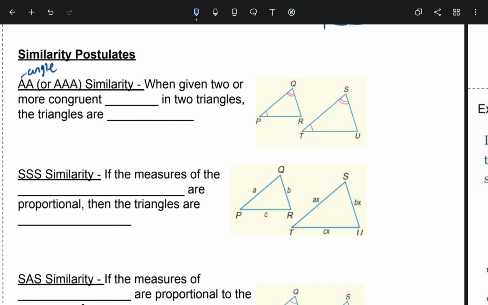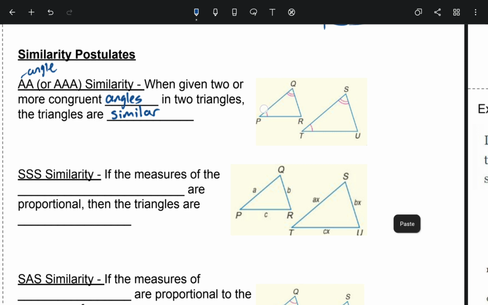Kind of like our congruence theorems from the last objective. A stands for angle, S stands for side. So when you are given two or more congruent angles in two triangles, then we know the triangles are similar.